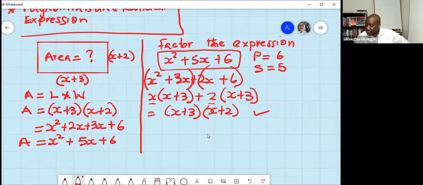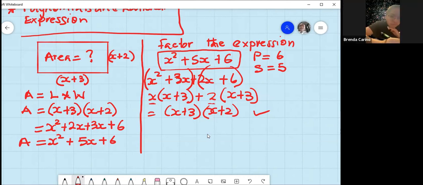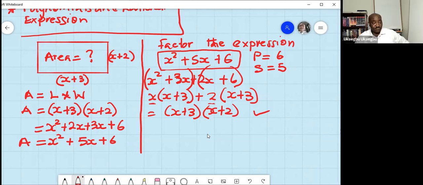So since it is a quadratic equation, if we were unable to factor it, we can actually use the quadratic formula in order to solve it, and it will give us the same result. You see? So that's the purpose.